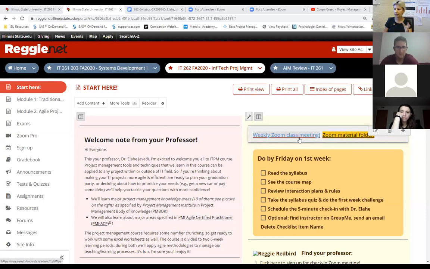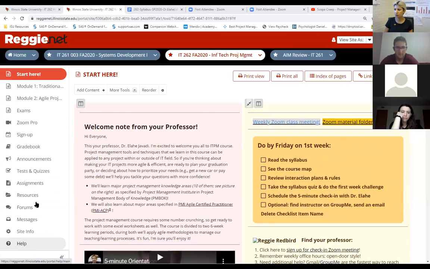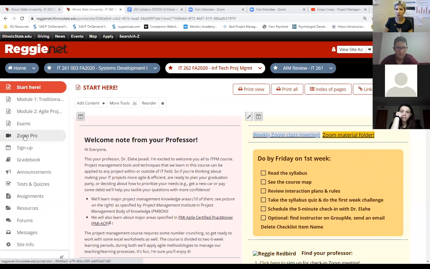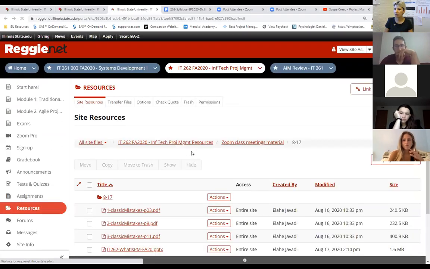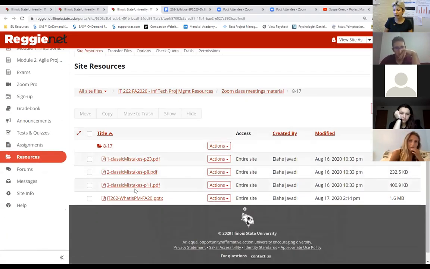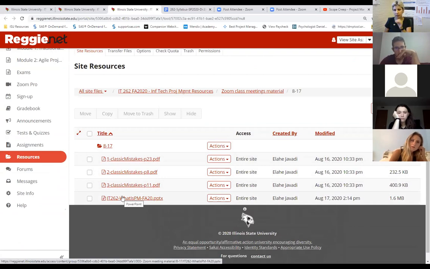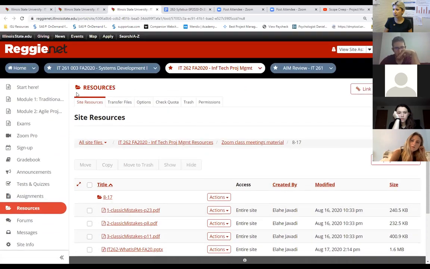You click on that, it takes you to the Zoom Pro, which is here. So you can directly go to Zoom Pro, or you can click on this. And this is going to take you to the folder with some documents. So for today, for instance, I have these handouts, which I didn't get to use because of time constraints, but also the PowerPoint slide for that day. So you get a set of slides and a set of handouts for the day by following that link.